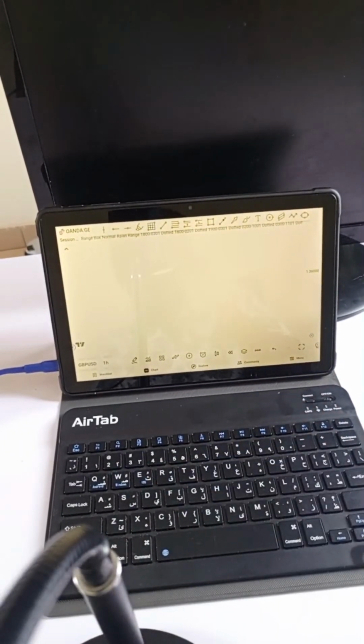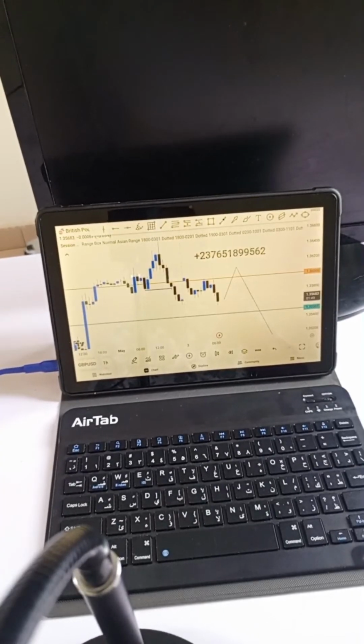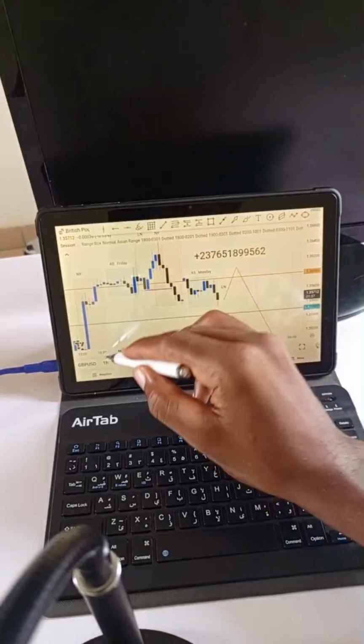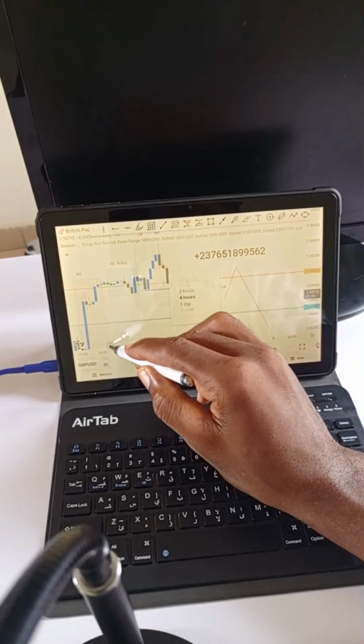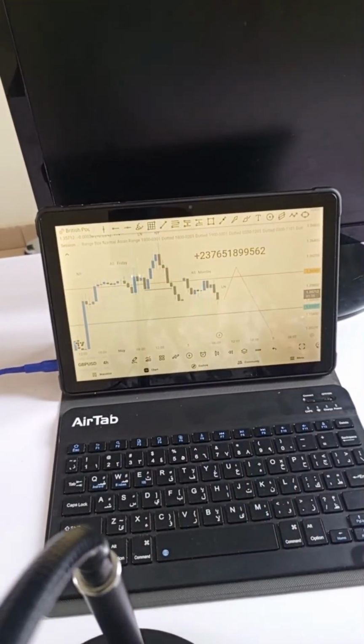So what I have to tell you is your stop loss should be your best friend, because it actually protects you from losing more than what you can afford to lose. Okay, that's the use of your stop loss.